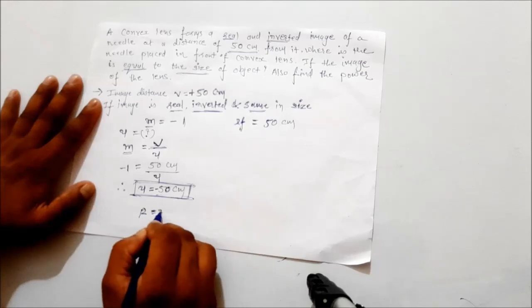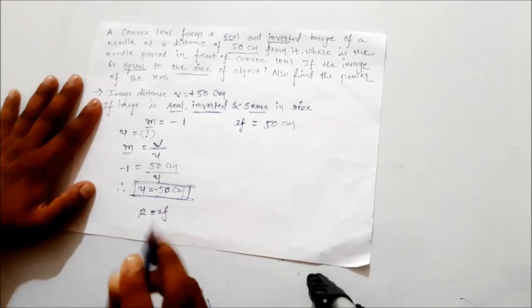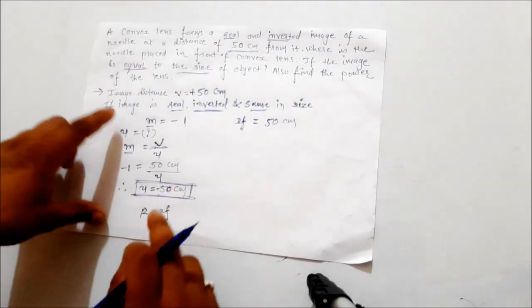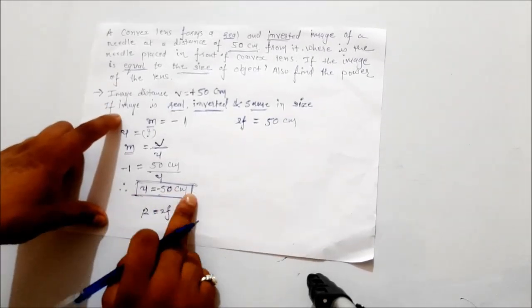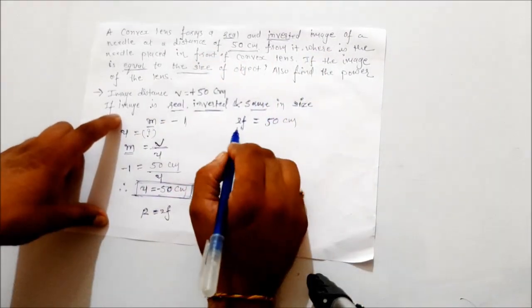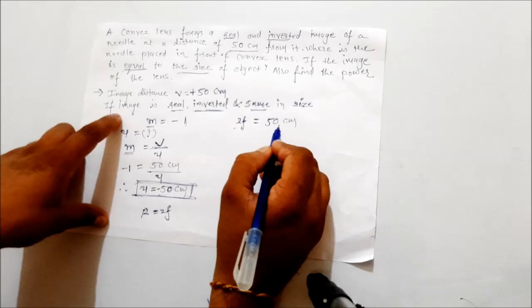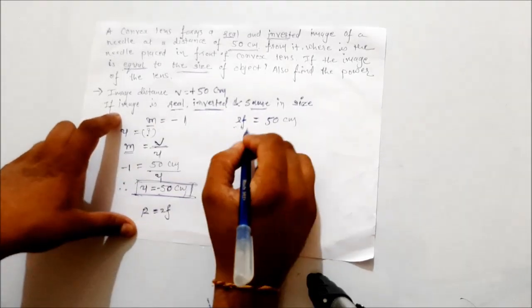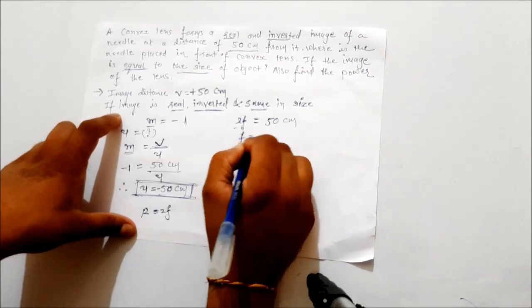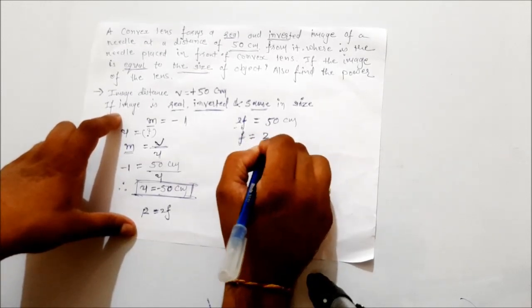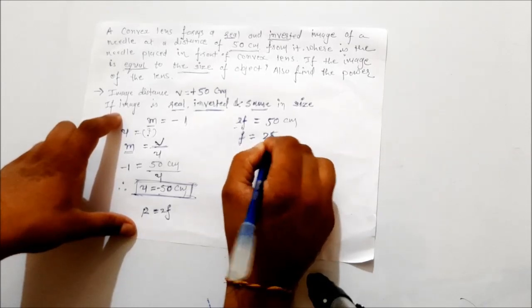So by this we can know the focal length, right? If it is placed at 50 centimeter, then we will get the image at 50 centimeter, same in size. So twice f is equal to 50 centimeter. What will be the value of f? f will be equal to 50 divided by 2, that is 25 centimeter.